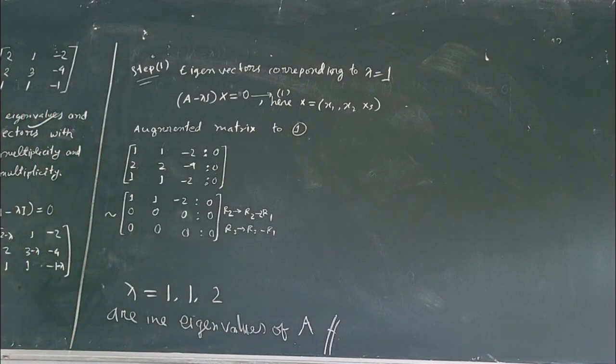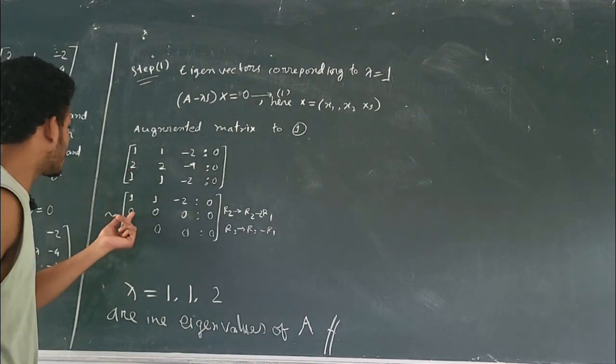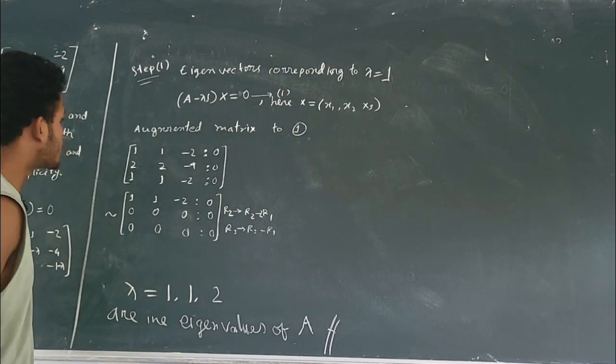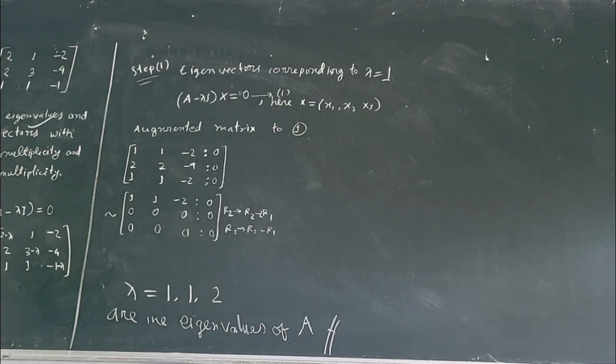What happens? Okay, this is 0 and this one is 0. So it is 1, this is 2, and this is minus 2.